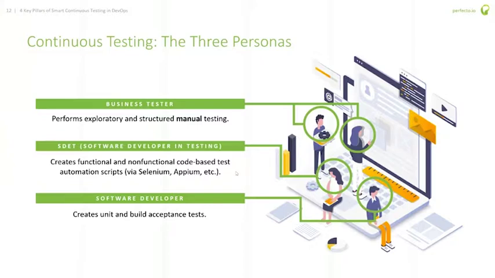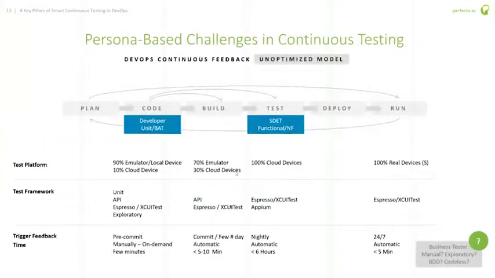This is why we believe that the current model is an unoptimized model. That's what I'm showing here. When you have the SDET and the developer carrying most of the load of testing with the frameworks that I mentioned earlier, you leave the business tester, who is doing manual, exploratory, BDD testing, whatever, left outside of the pipeline.